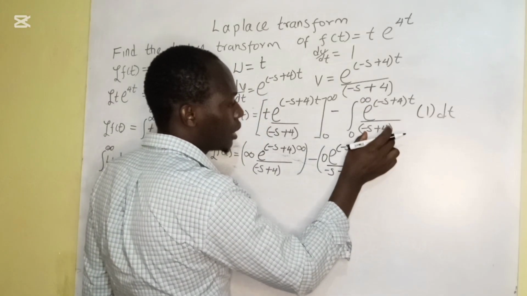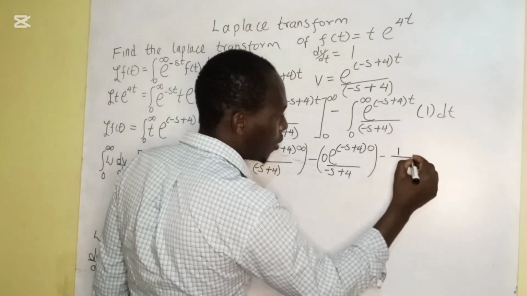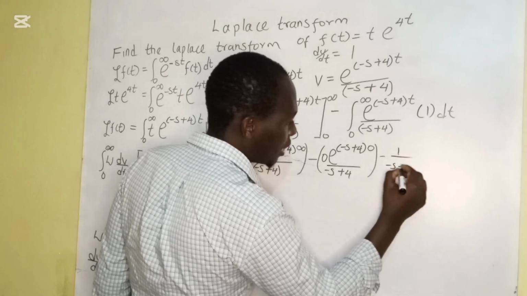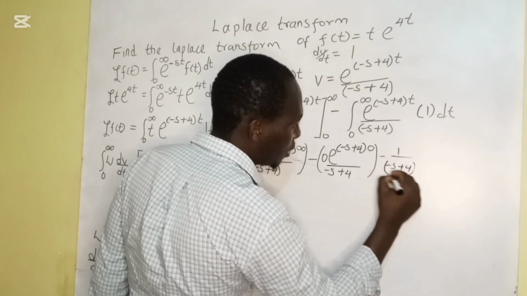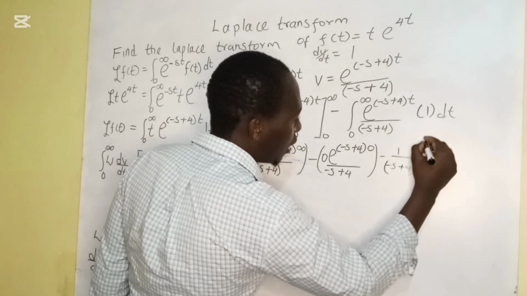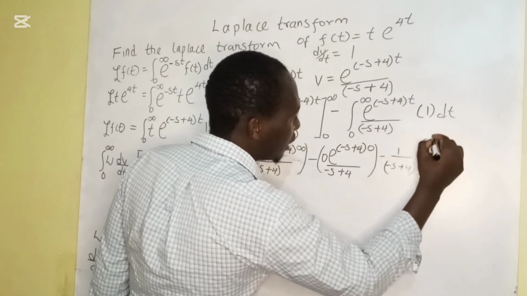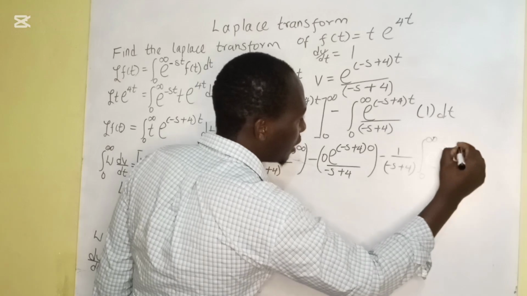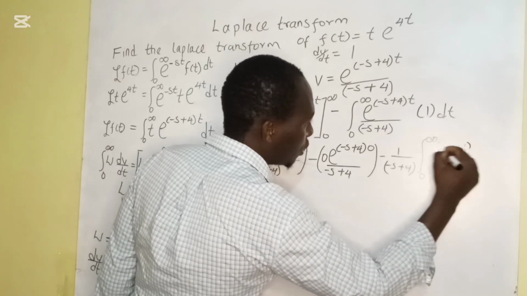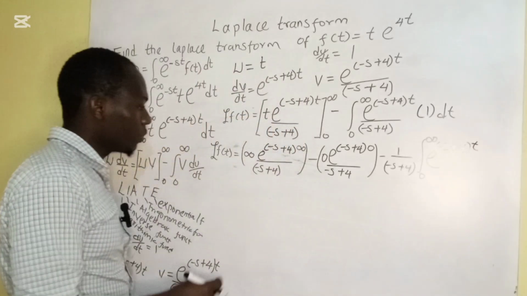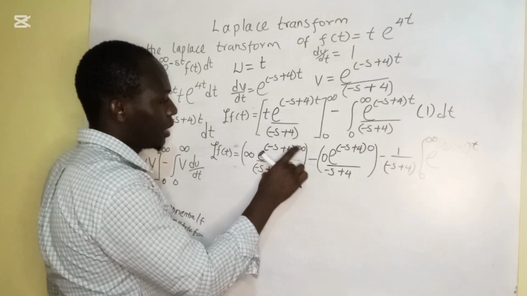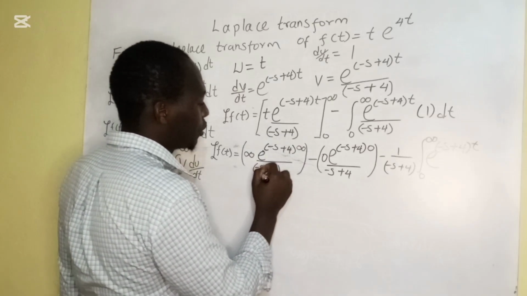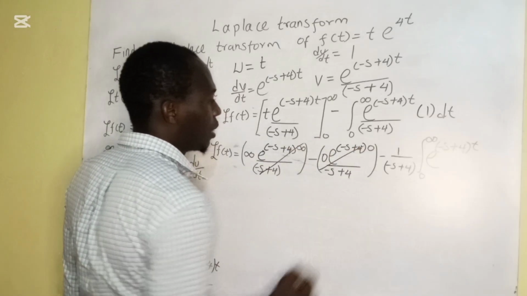We factor out 1 all over negative (s + 4), and here we multiply by an integral of exponential negative (s + 4)t, with infinity multiplied by everything in this bracket. Here we are going to have 0. Here we are going to have 0.